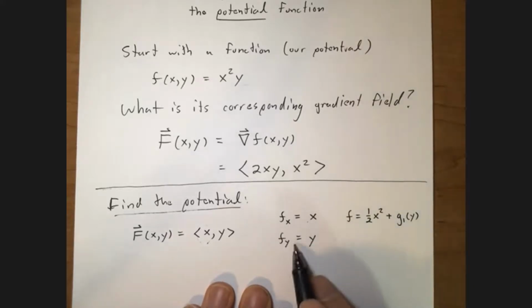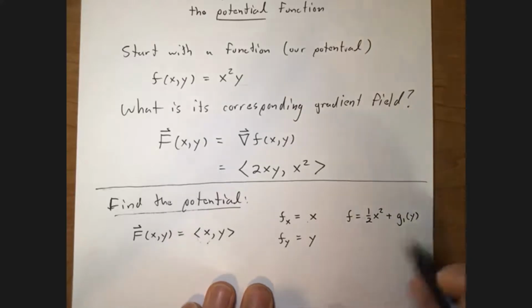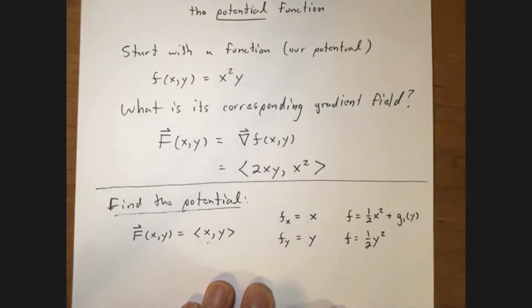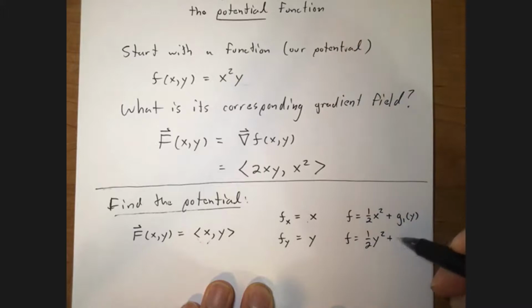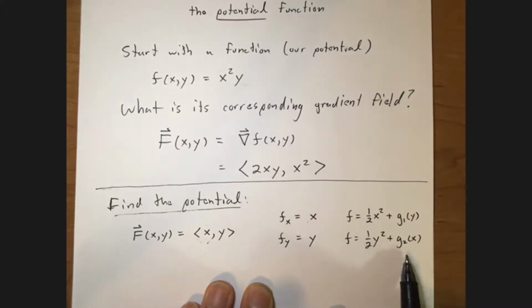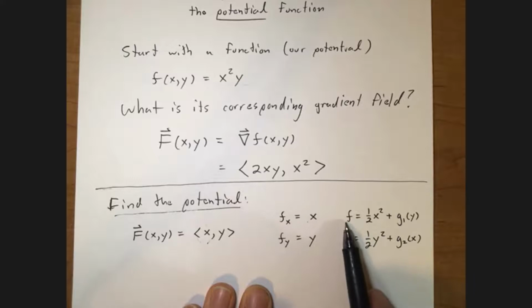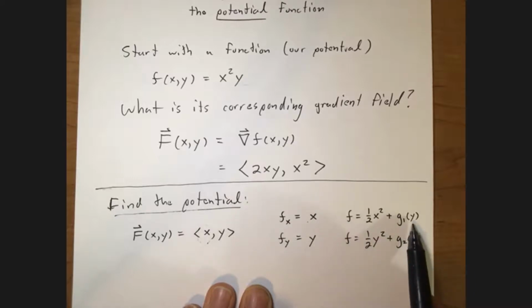Now what about this guy? Well, I know the y derivative is y, so the function must look like 1/2 y squared. And then, in the same way, I could have some other function of x, because when I take the y derivative of a function of x, I get 0. So on the one hand, my function must look like the top line, 1/2 x squared plus g1 of y.